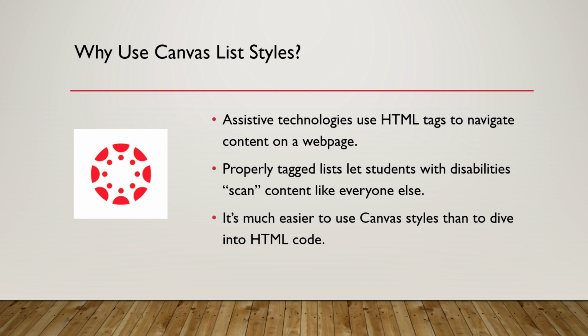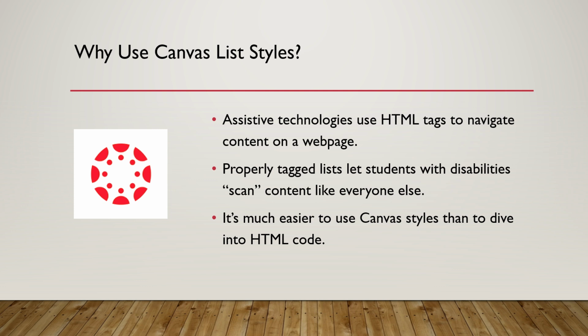But then also we have the accessibility requirements, and we have to consider folks who use assistive technologies, such as screen readers. Those assistive technologies use HTML tags to navigate content on a web page.